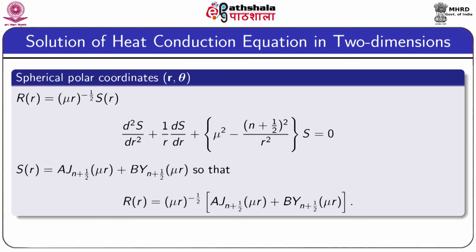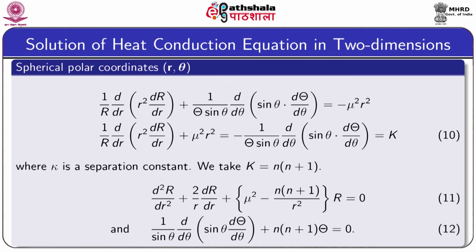So if we come back to the variable capital R, we get the solution R as (μr) to the power minus half into S(r), which is written in the last equation of this slide.